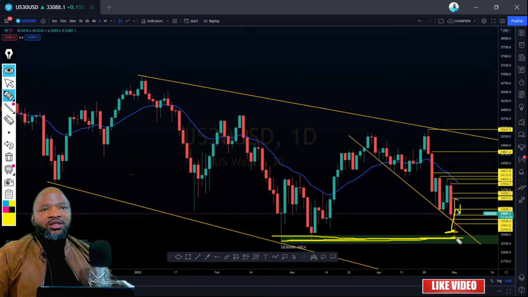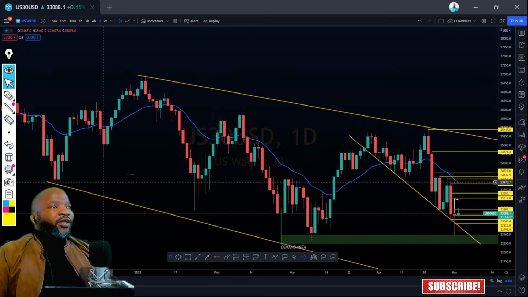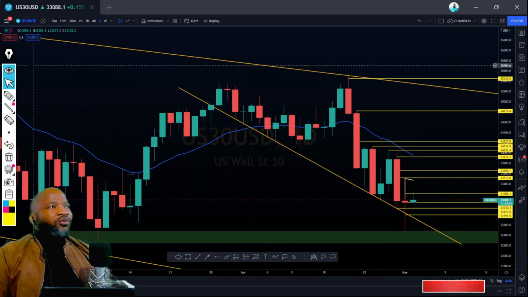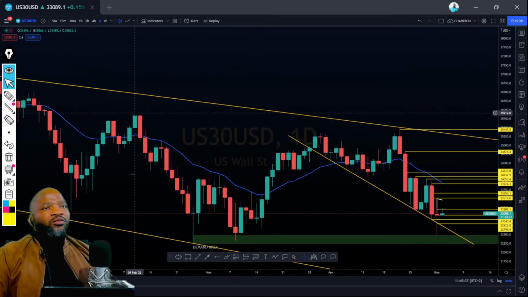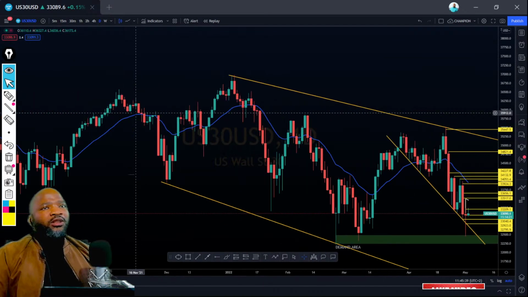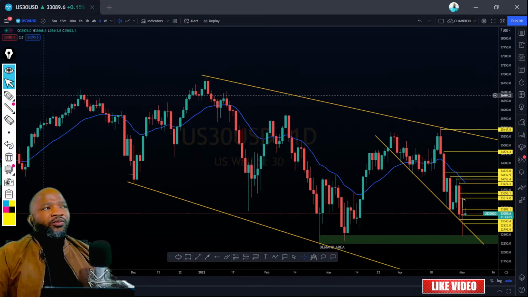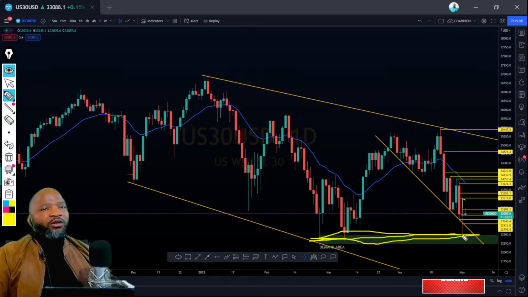As you can see now, we just have to wait and see how far it will go with that momentum. On the daily time frame, we can see that our price was not able to break out of this level, but it's respecting this level. We just have to wait and see if it's going to push towards the upside.